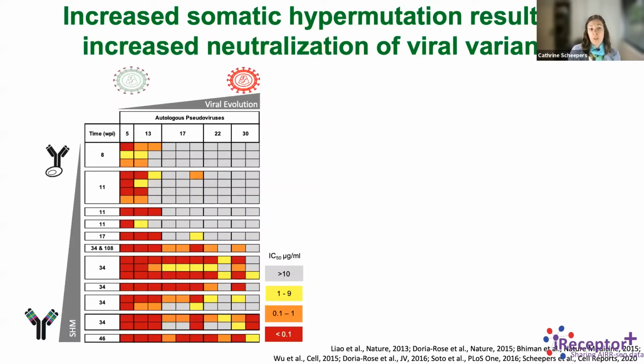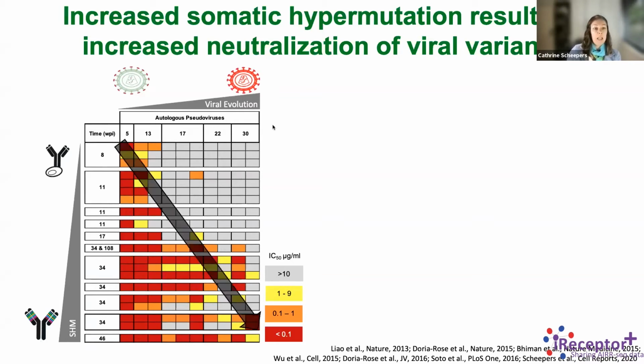We also know that with increased somatic hypermutation, we get increased neutralization of viruses. What I'm showing here going down the plot is representatives of an antibody lineage with increased somatic hypermutation going down, and then different viruses that we've picked over time.